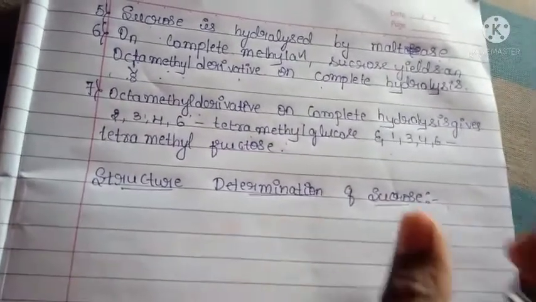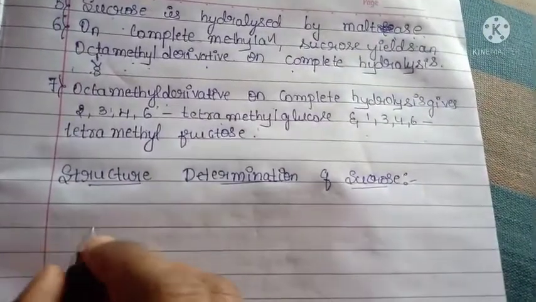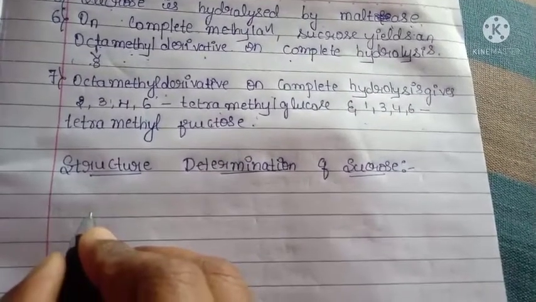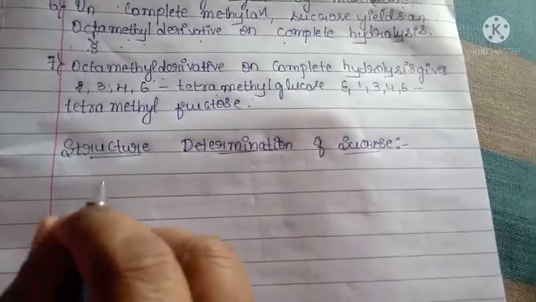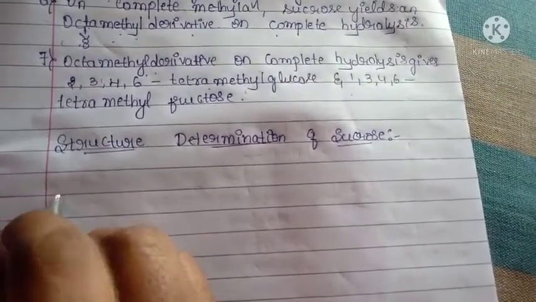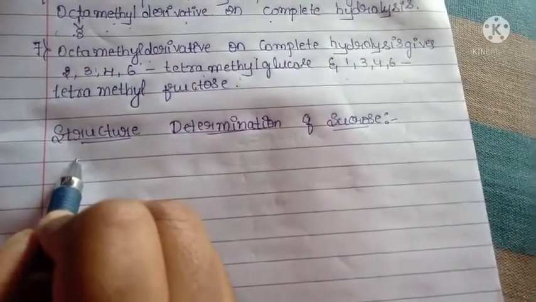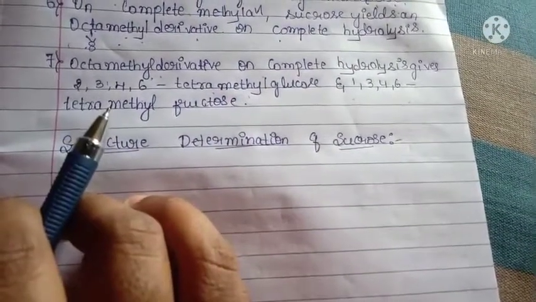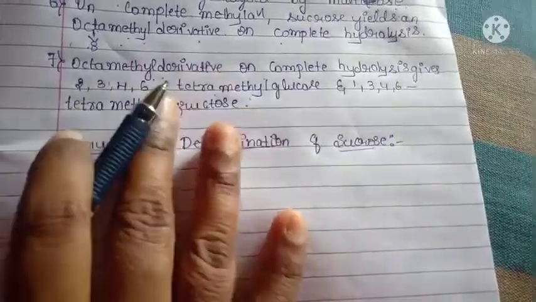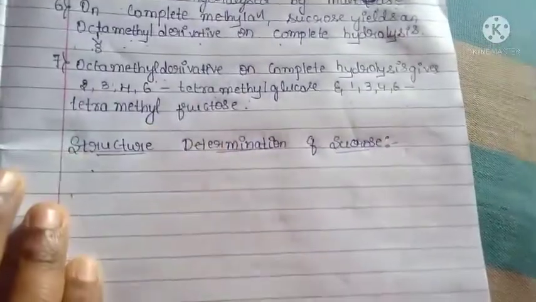Here, the reactions and configuration of D-glucose and D-fructose molecules, the structure should be shown. We know that sucrose has a combination of fructose and glucose. We know that 2 monosaccharide units are present.